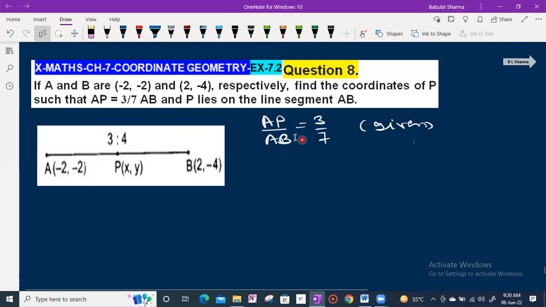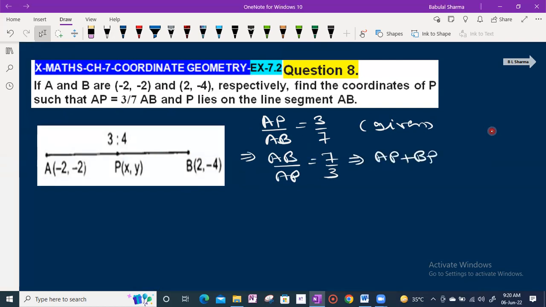Right. So how do we convert this AB into PB? So taking reciprocal, take the reciprocal of both sides. AB upon AP is 7/3. This AB can be written as AP plus BP upon AP.